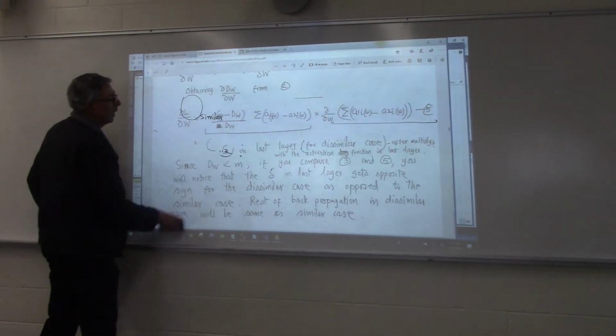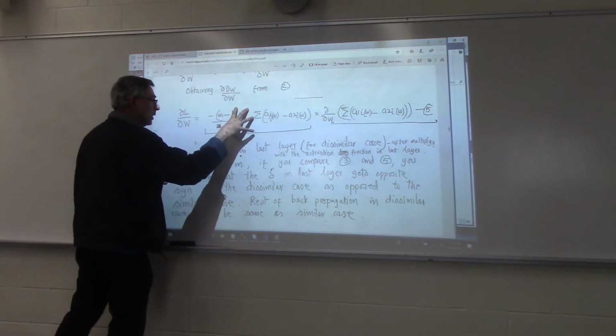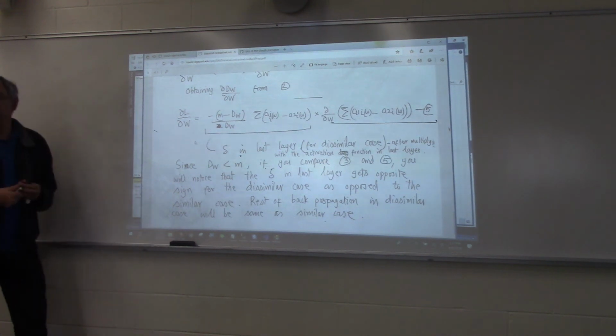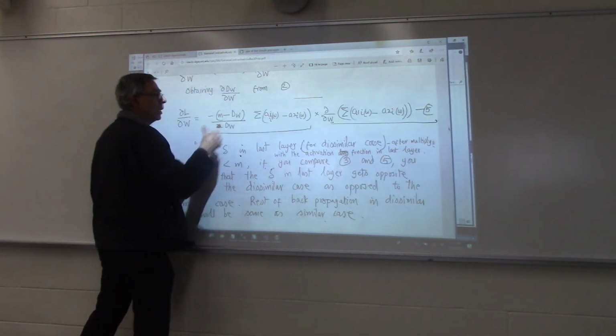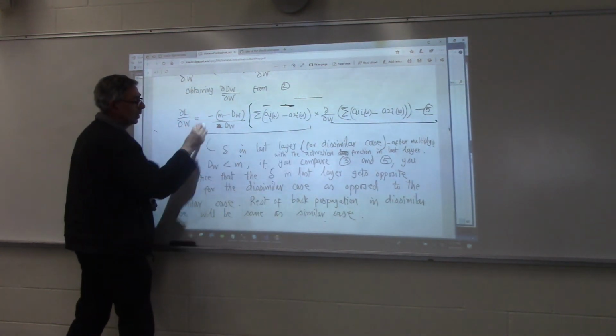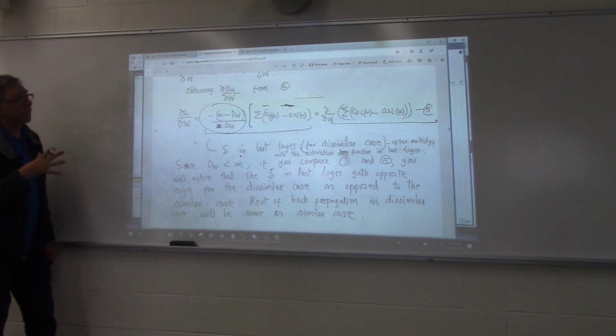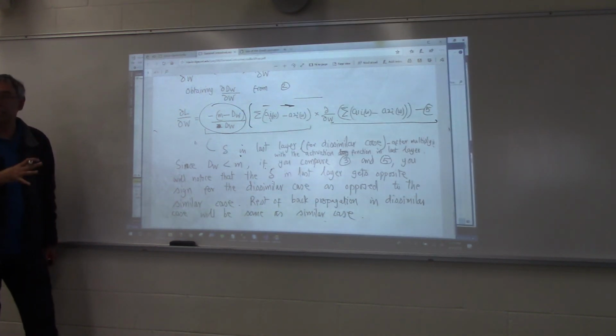What's the difference between this equation and the similar equation? Is this part the same? Yes. So this is the only new part, right? So let's try to analyze this new part for the dissimilar case.